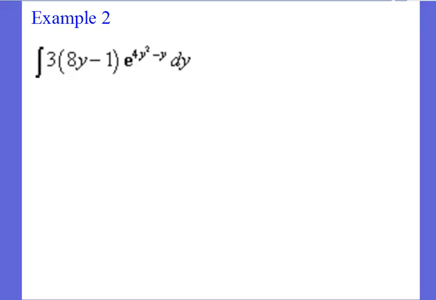So does everybody realize that here's my u because there is my du, correct? So if I say u is what? And then my du is what? 8y minus 1 dy, because I just took a derivative with respect to y.